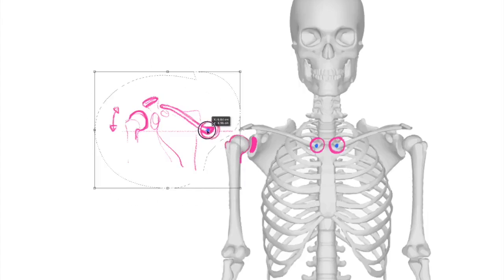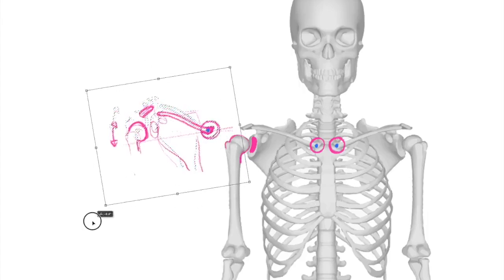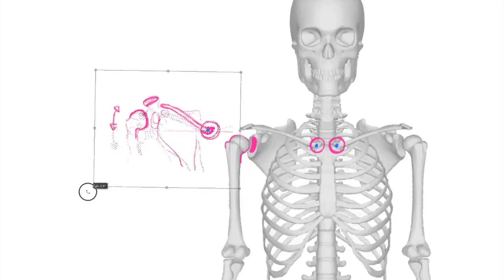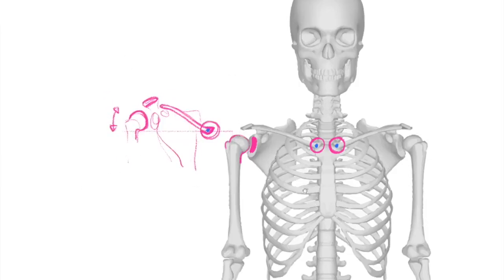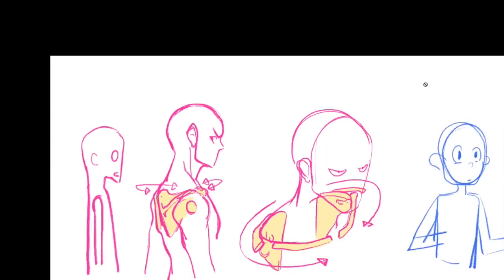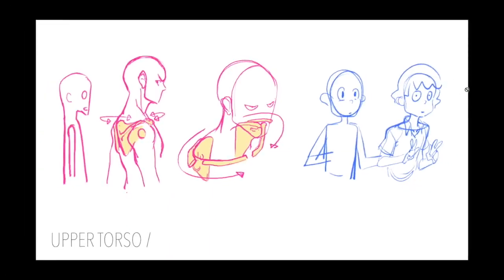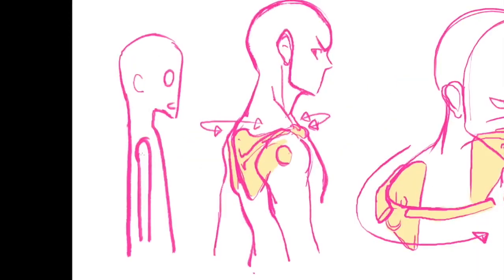So let's say it moves like this. Obviously, when the shoulder blade comes down, it twists back to the original position. So always remember that. When we draw the collarbone and the shoulder blade, what's important for you to know is that many beginners draw characters very flat.